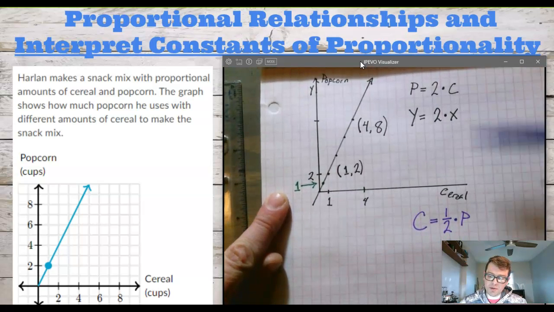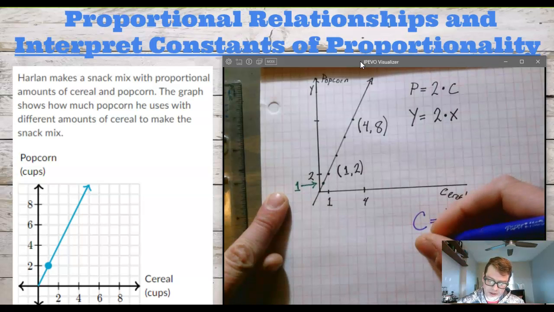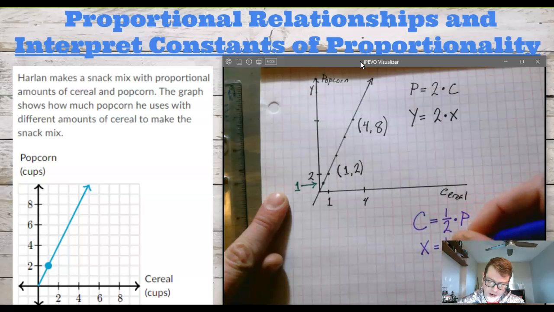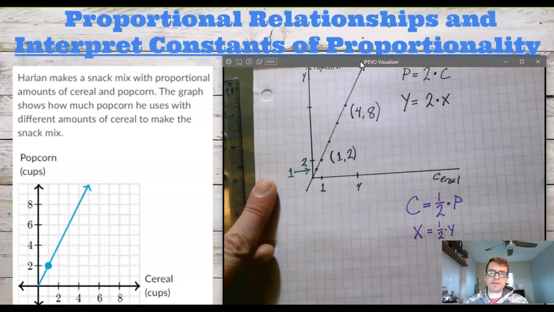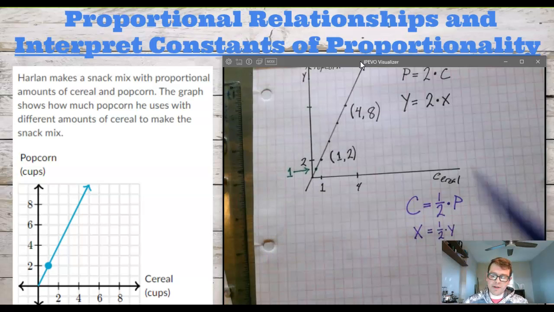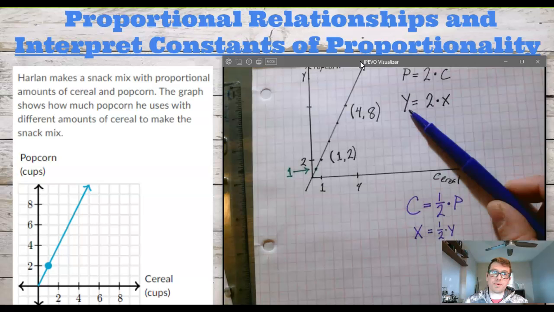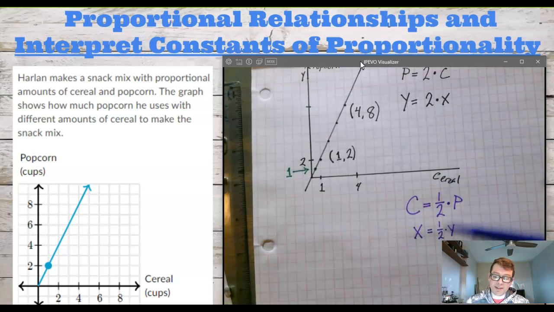So these are the 2 different equations that we could write, but notice that cereal is our x value. So this equation would be x equals half of y, and that's not how we normally talk about lines. We normally talk about lines saying y equals. So I wanted to make sure that we talked about the fact that both of these are unit rates.